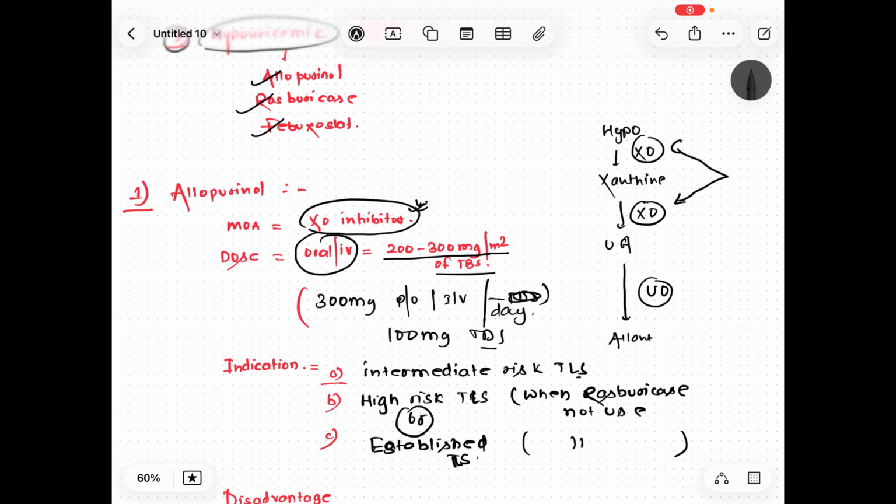So there are mainly three indications. In intermediate risk, you can give allopurinol. In high risk or established TLS, when rasburicase cannot be used, you can give allopurinol.